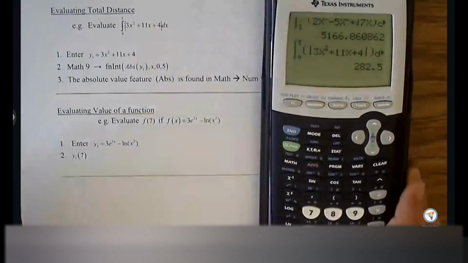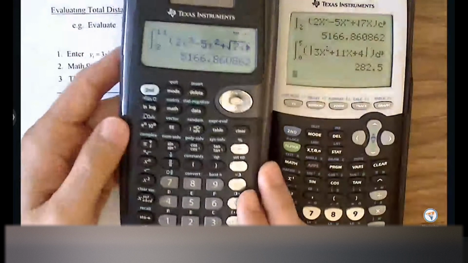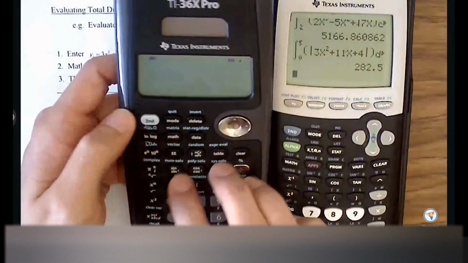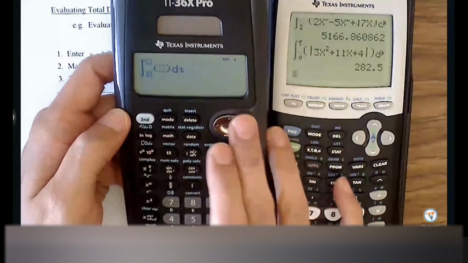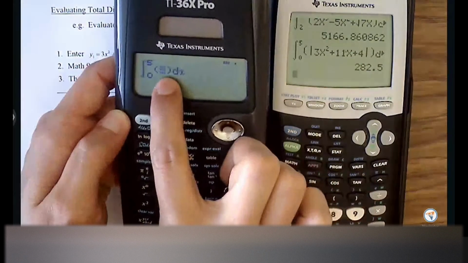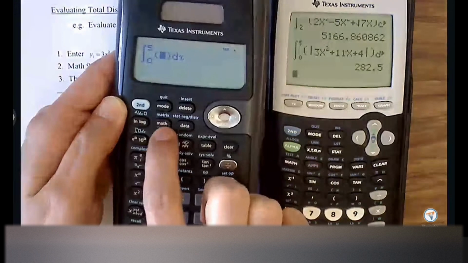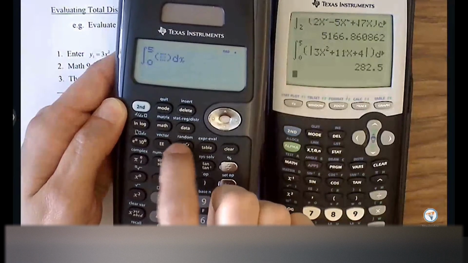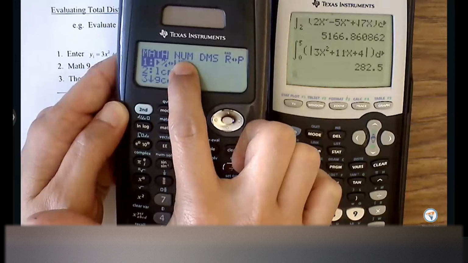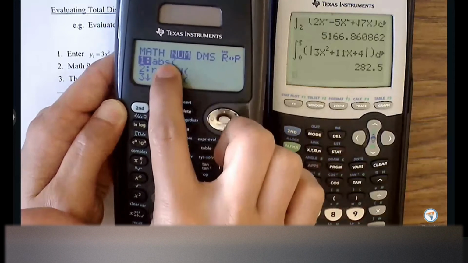Okay, now on your 36 Pro, you're still going to select your integral notation. I'm going to go from 0 to 5. And then to get the absolute value bars to show up, you're going to see that math button there. It's very similar to how we move around this. So do math, scroll over to number, and then ABS.